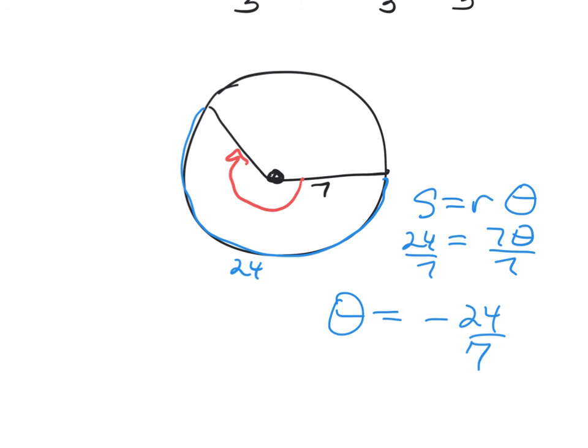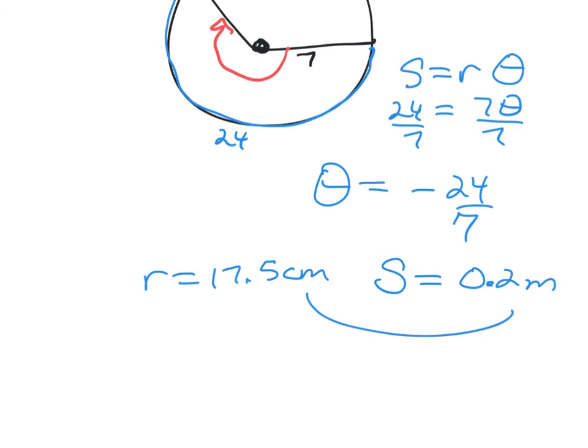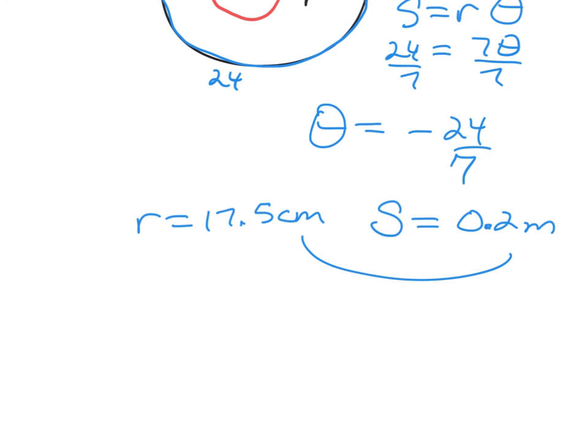There were some questions where they gave the radius in centimeters, and then they gave the arc length in meters. You need to make the units the same. If you didn't pay attention to the units, that's why you might have gotten this question wrong. So for example here, I'm going to make my meters into centimeters.